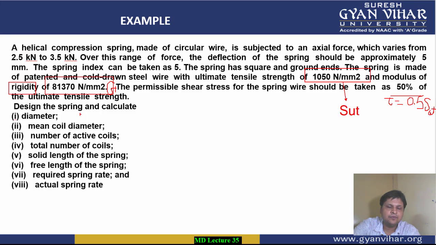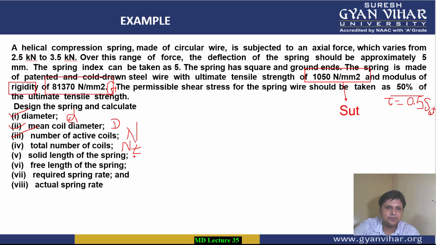Alright, now what values we have to calculate here? Again, first is your wire diameter, small d, second is your coil diameter, capital D, third number of active coils. Based on the spring index, we are going to calculate the number of active coils, capital N. Total number of coils, NT, we are going to calculate.